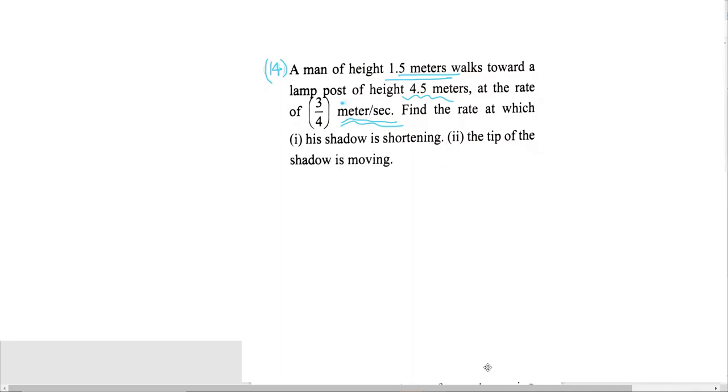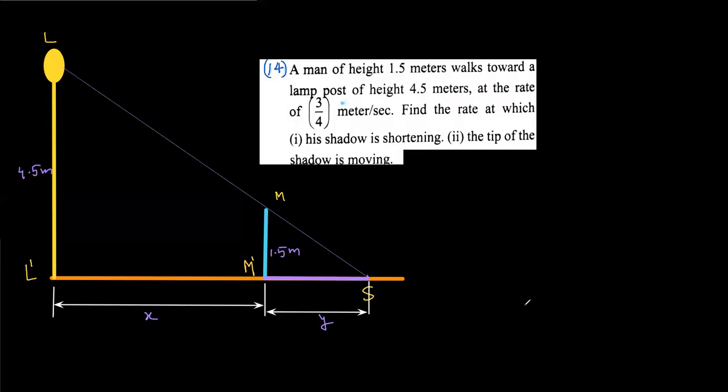You will all start doing it now. So as given in this question, 4.5 meters is the height of the lamppost. 1.5 meter is the height of the man walking. The man is this time walking towards the lamppost.